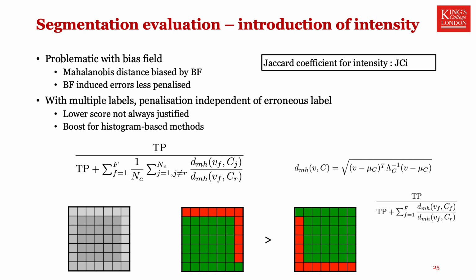You also have to remember that sometimes you get artifacts in your image, and the Mahalanobis distance that you are calculating as a measure of outlierness with respect to either the reference or the segmentation is actually quite biased by that.